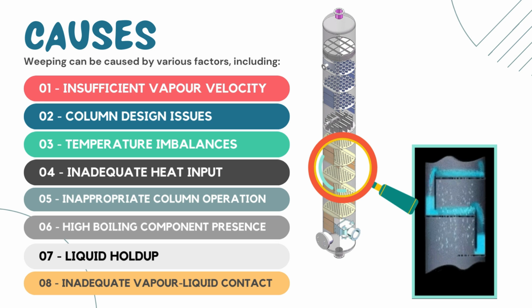So guys, these were some of the factors which cause weeping in a distillation column. To summarize this video, weeping in a distillation column can be caused by various factors such as insufficient vapor velocity, column design issues, temperature imbalances, inadequate heat input, inappropriate column operation, then presence of high boiling components, then even liquid holdup, and inadequate vapor-liquid contact.